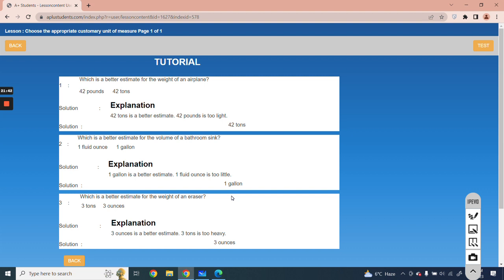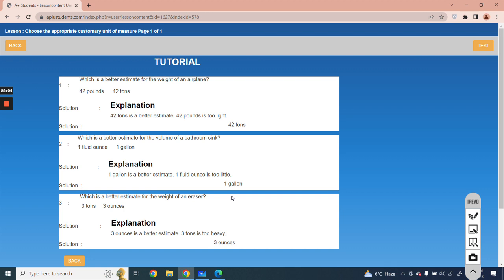So the first question is which is the better estimate for the weight of an airplane. Is it 48 pounds or 42 tons? 42 pounds is too light. Got it?